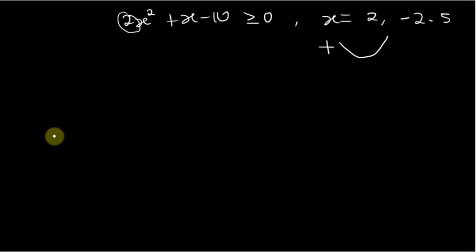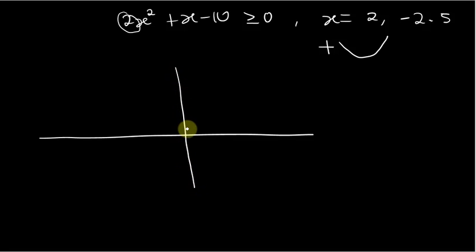So let's assume that this is our xy plane, something like this. And then we have positive 2. This is not drawn to scale, so we assume that we have our 2 here. Then we have negative 2.5. Let's also assume that it's somewhere here.